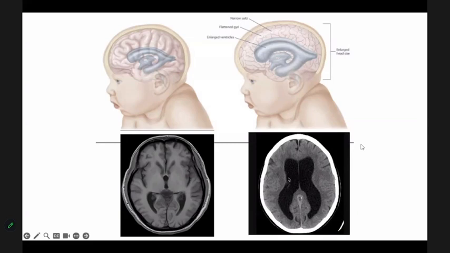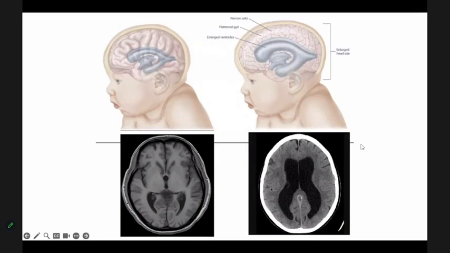And then you can see it's expanding into the white matter, right? What else do you see? Sulci and gyri are not much clear. Exactly. So sulci and gyri are not much clear if you compare that with this.